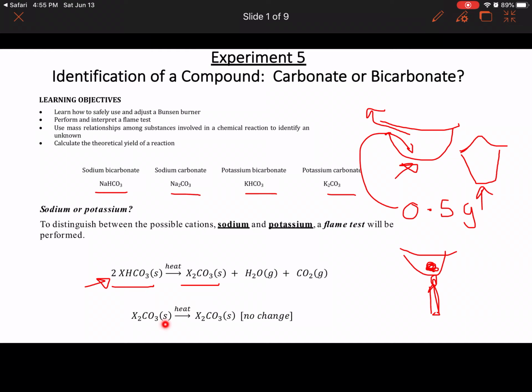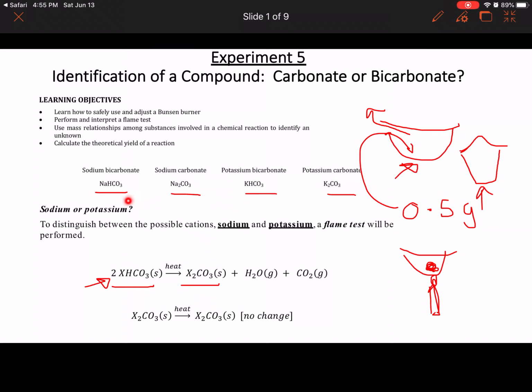Okay, and in the meantime, we can expose all 4 unknown compounds, meaning your unknown compound that you get, we can expose it to the flame test. And by the flame test, if the flame test gives us a violet color, we know your initial compound is a potassium compound.